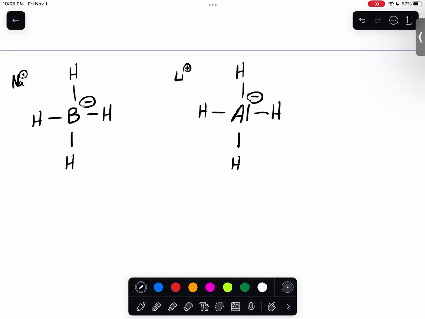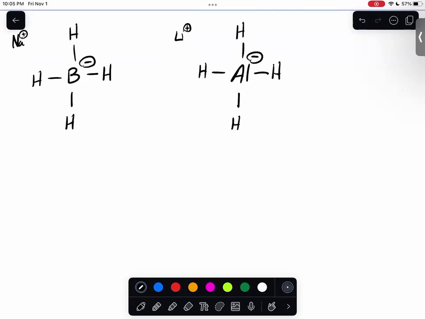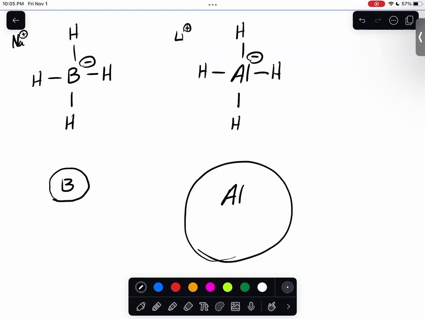Well, one thing you have to keep in mind is the size, right? Boron is one of the earlier elements on the periodic table. So when we think about the size of boron, it's rather small compared to the size of aluminum. And what this means is those little hydrogens that are attached are much further away from the nucleus of the atom.